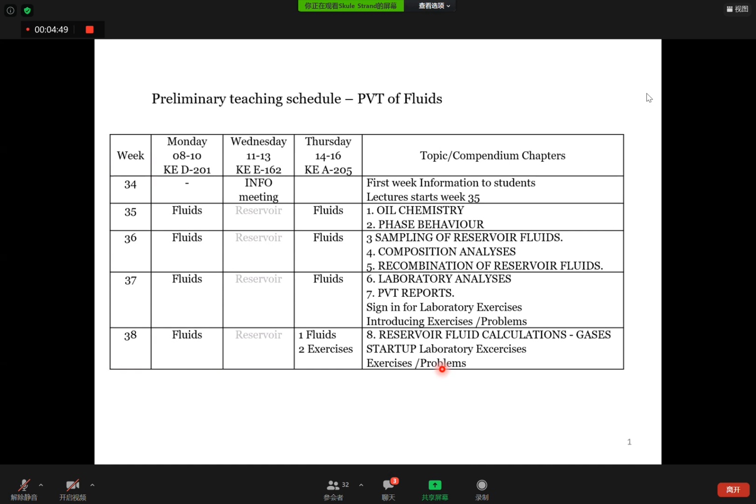Gas, condensate, and liquid. Professor, may I ask a question? Yes, please. Would the exercises in the laboratory be recorded for the international students to view, at least on Canvas? The problem solving will be done partly, or we will have Zoom meetings for the exercises.